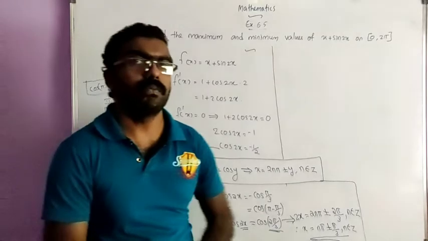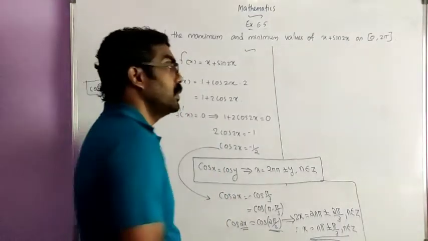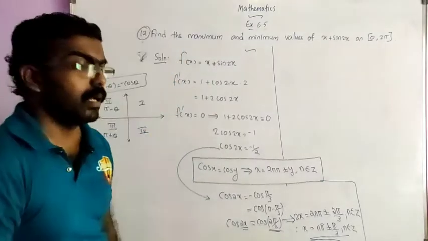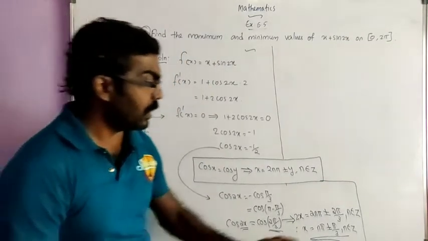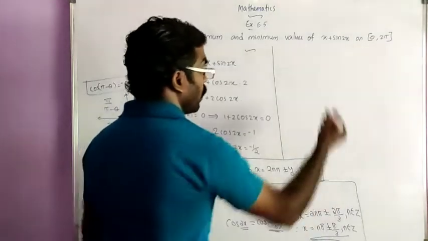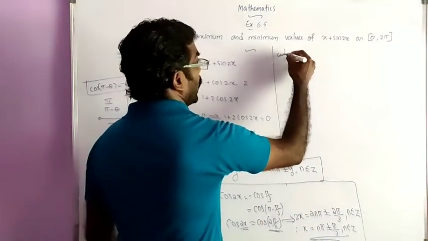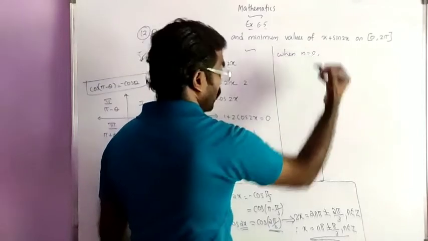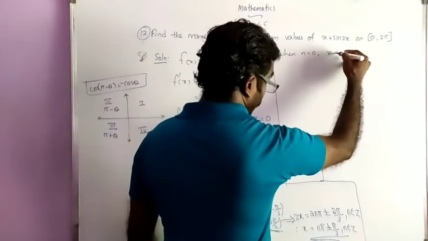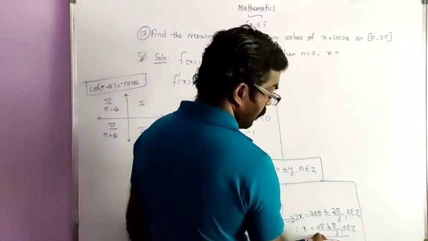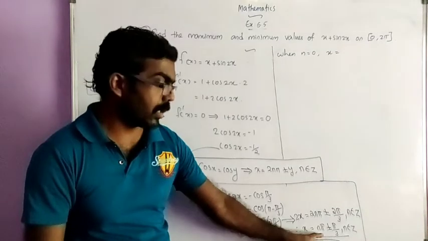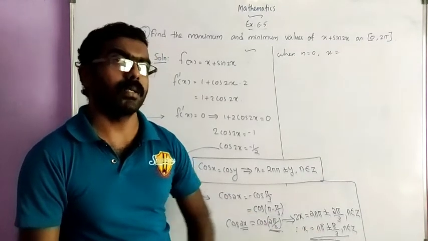Now we have to find the values of x which belong to the interval 0 to 2 pi. For that we can replace n by integers. First I am going to put 0. When n is equal to 0, x equals n pi plus or minus pi by 3, that means 0 plus or minus pi by 3.